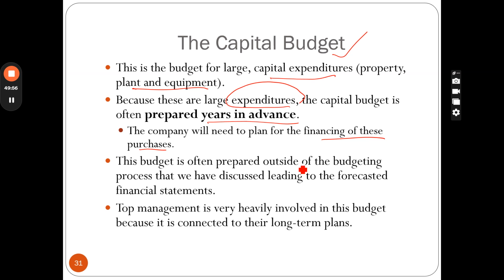And this budget is often prepared outside of the budgeting process that we have discussed leading to the forecasted financial statements. So this can be prepared outside of the budgeting process, and top level management is heavily involved in preparing the capital budget.